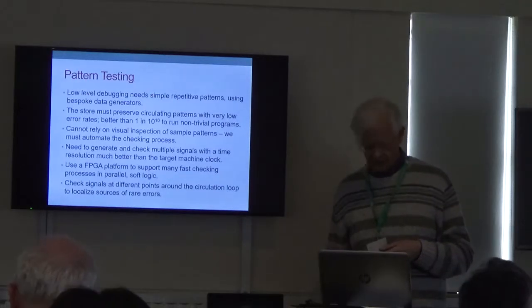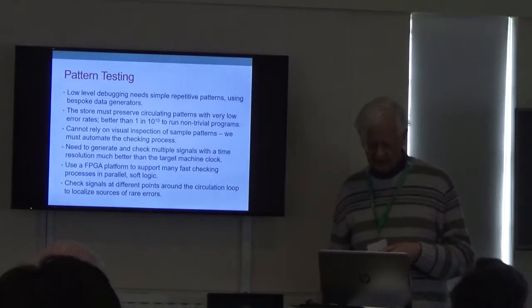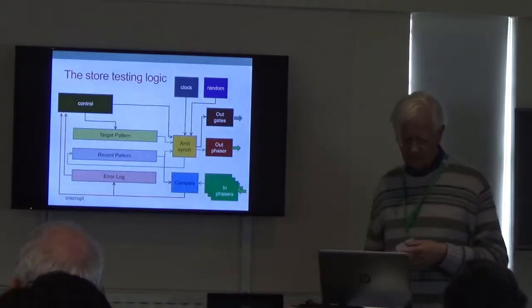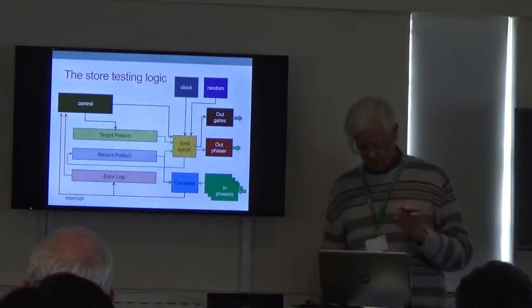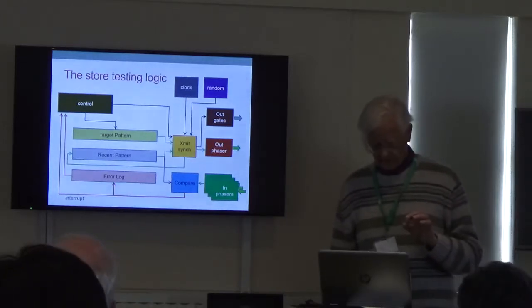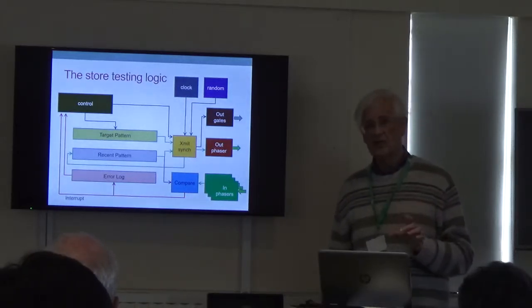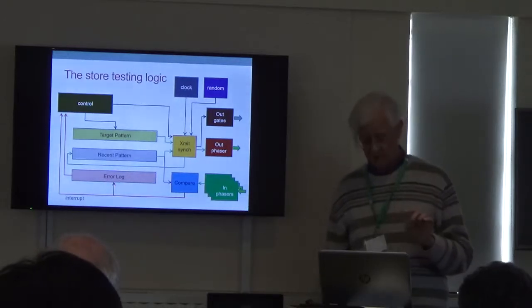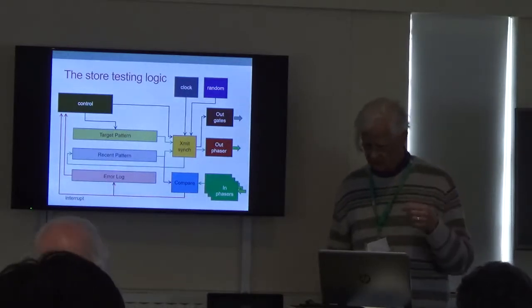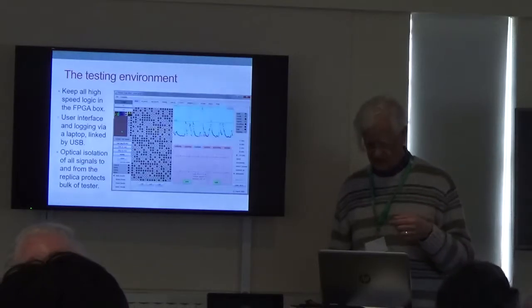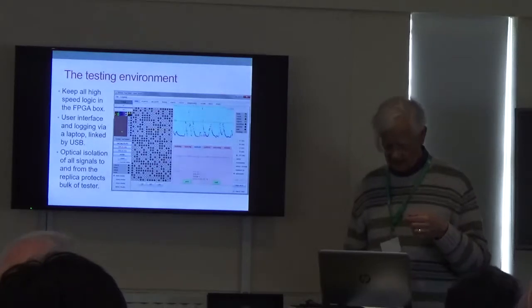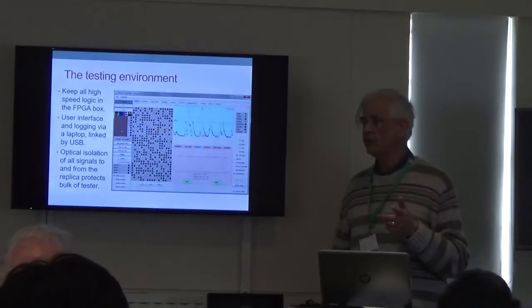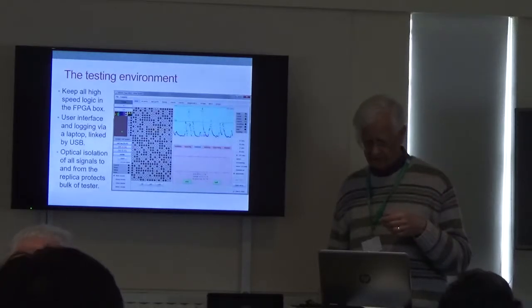To do that, we have a fairly fancy testing box based on a field programmable gate array system, which lets us do lots of high precision timing tests without scanning errors and so on. I can talk about that this afternoon if you want to know more about it. But it lets us set up random patterns and measure error rates over a period and adjust things to the minimum error rate.